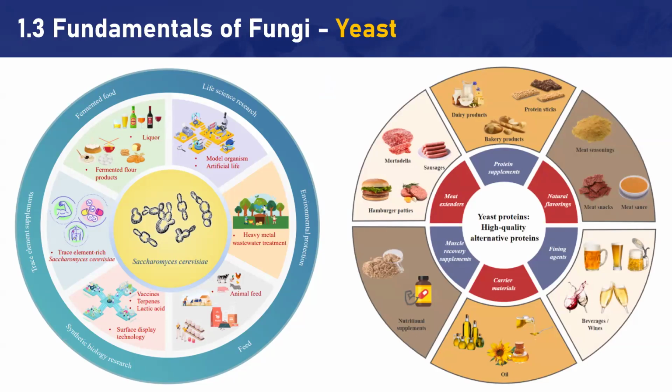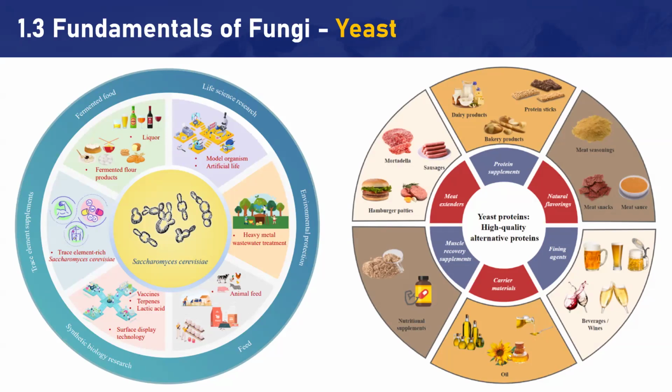When the population increases, we have to put pressure on feeding all of the people. So we have to find a new source of protein to replace meat, especially chicken, pork, and beef. Many researchers have to find new solutions such as single cell protein from bacteria, fungi, or yeast.